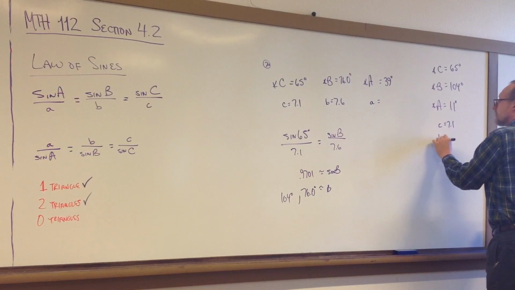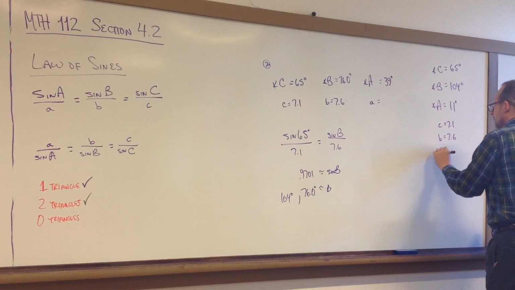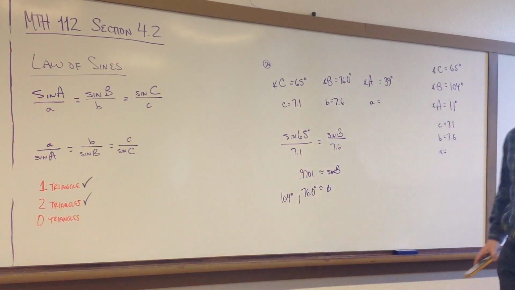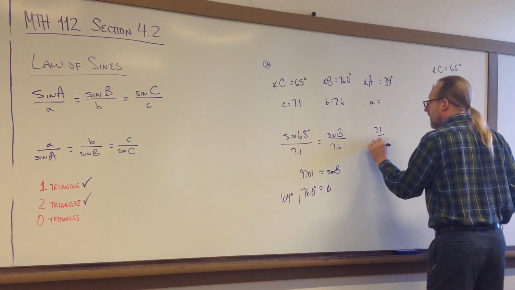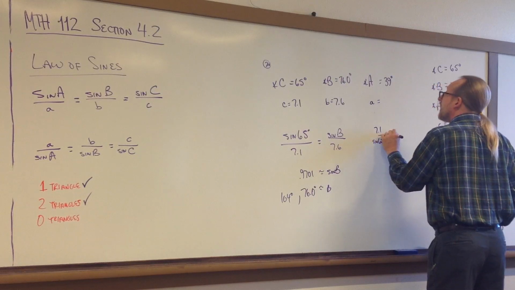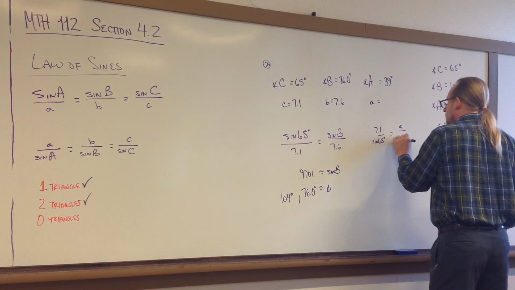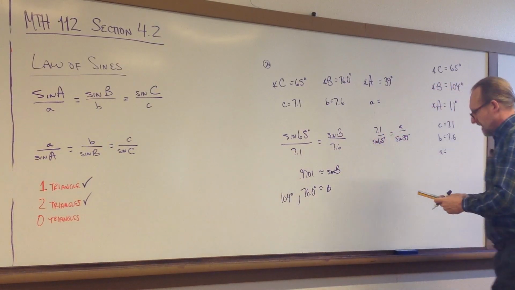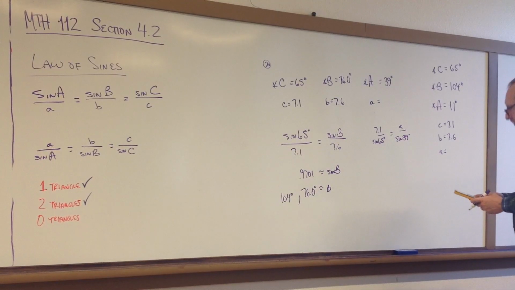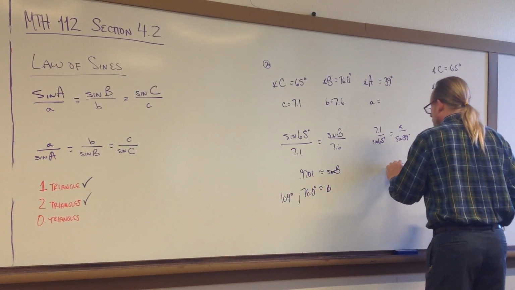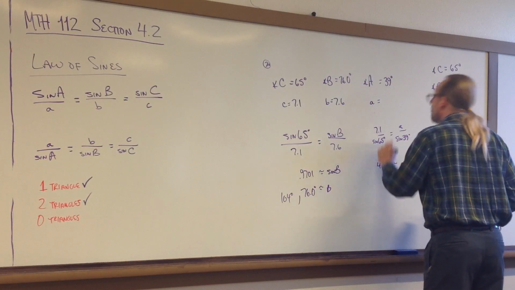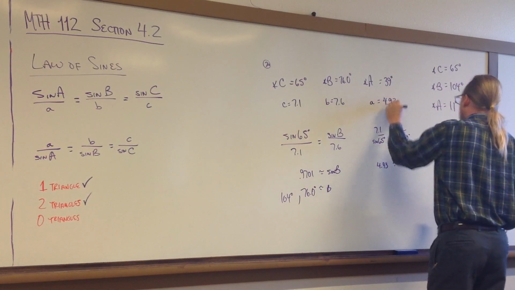We just need to find the two possibilities for the length of side A. All right, so 7.1 over the sine of 65 equals A over the sine of 39. 7.1 divided by the sine of 65 times the sine of 39. 4.93 for A, and that one.